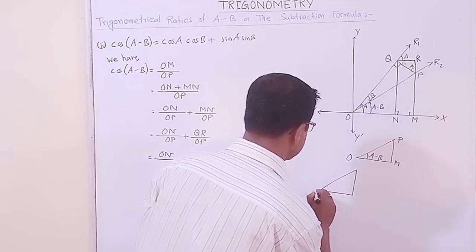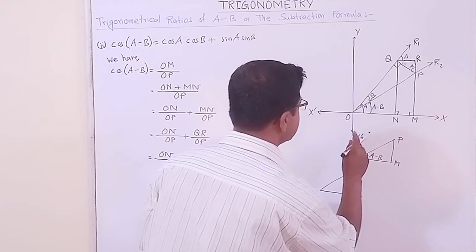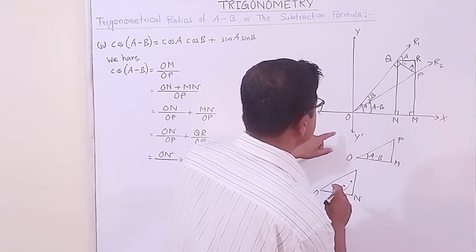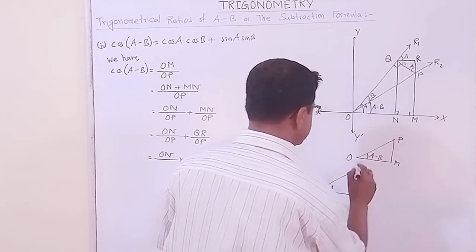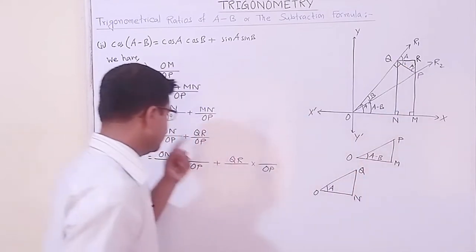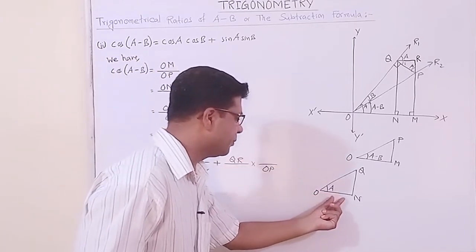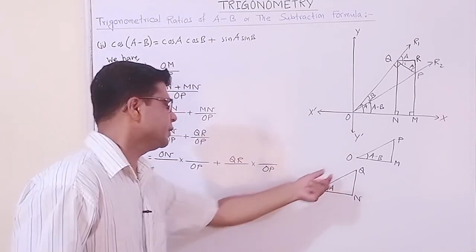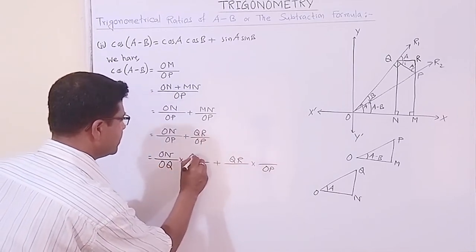This is ON, base is ON, this angle is A, and that is Q. Because we have to find cos of A. Cos of A means base by hypotenuse. What is the hypotenuse here? OQ. So as we put OQ here, there also we have to put OQ.